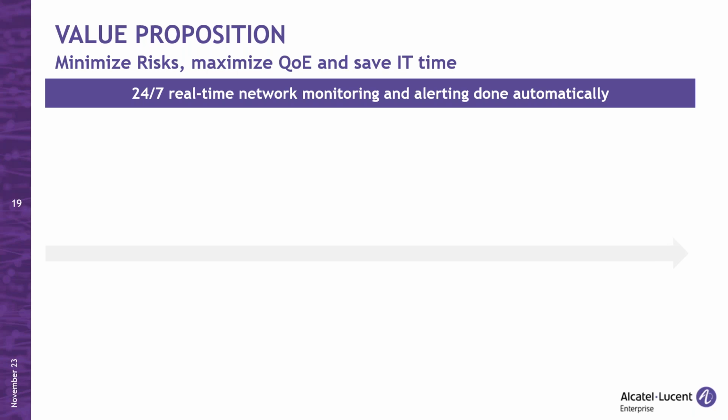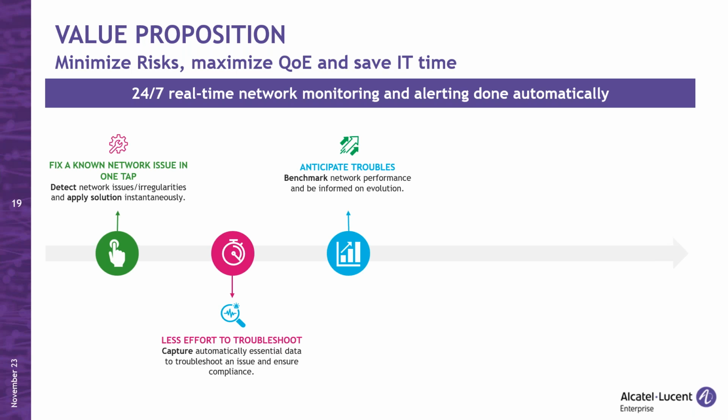This new service includes the OmniVista Network Advisor software that you download and install on the customer premises. So it will work on premises, and when you install it, it starts to work after some minutes. Describing the preventive maintenance service, you can say that it provides real-time network monitoring and alerting to minimize risks and maximize the quality of experience.